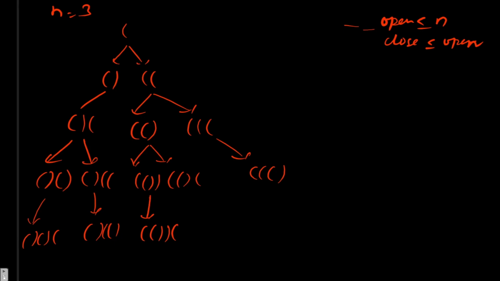In this case we have 3 open braces, so we can't take any more open braces for now, and 1 close brace. So we have to take only close braces. In this condition we have exceeded the limit of open braces, and we can take only close braces.